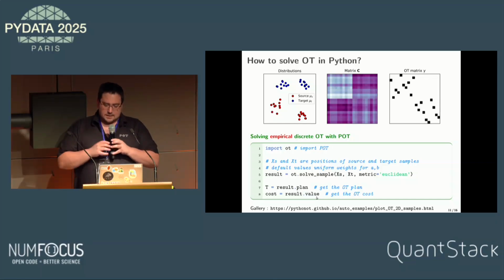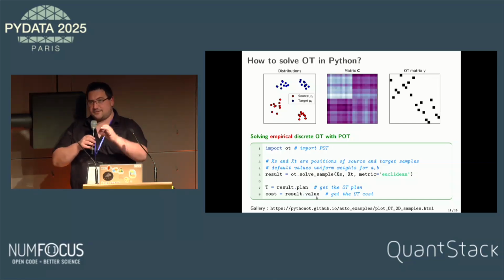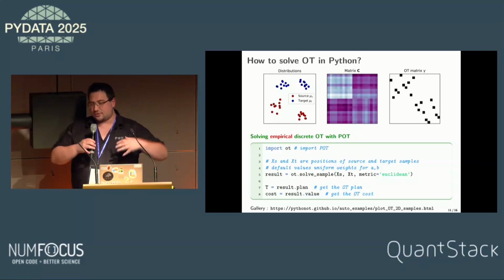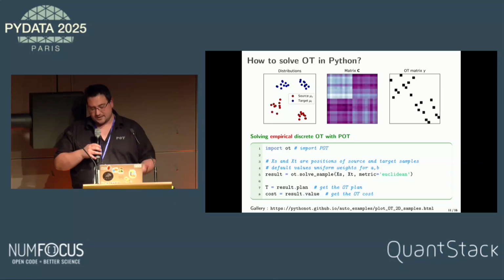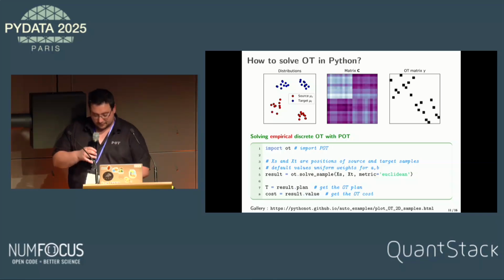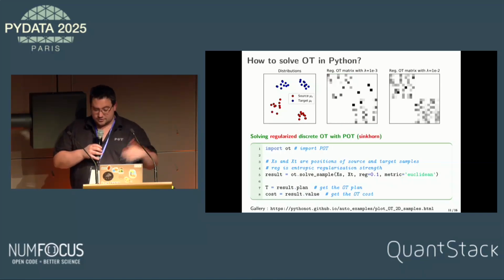Great. OT is O(n^3 log n). The thing is, the constant is pretty small, but the n^3 is there, and you're going to pay for it. And so after a few thousand, tens of thousands of points, it's going to be long. Okay, so if you want to solve OT on larger problems, you're going to need to find ways. And what people usually do is regularize and solve approximations of optimal transport. And if you want to regularize, you just need to add a regularization term here.